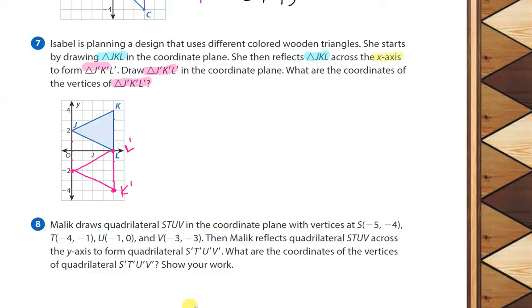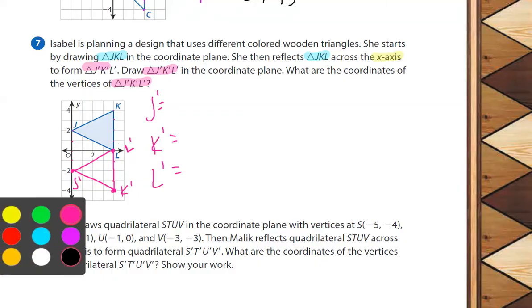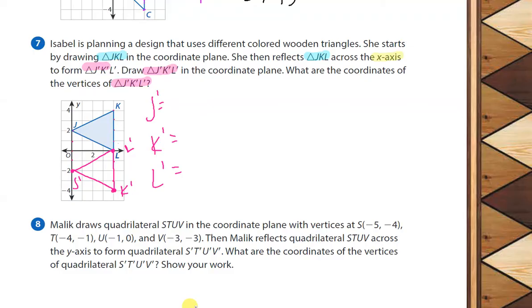K prime. J prime. So now we need the points for J prime, K prime, L prime. I want to go back to black. There we go.